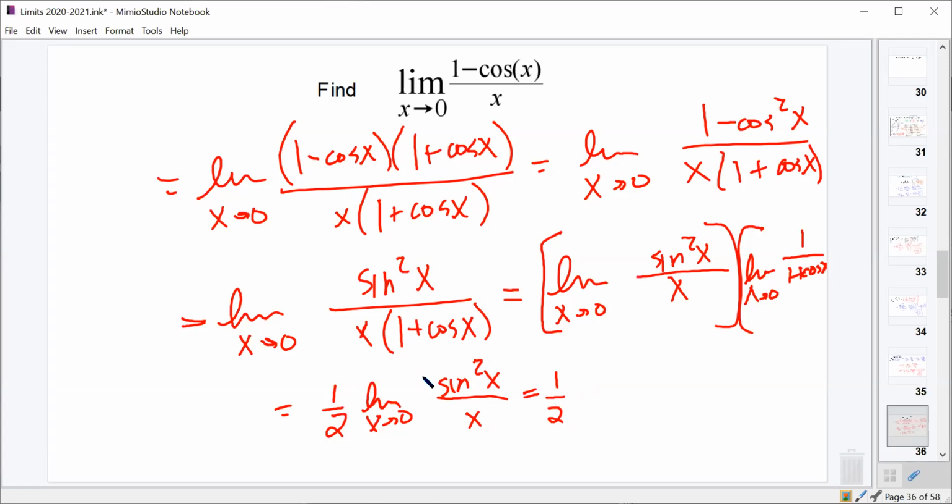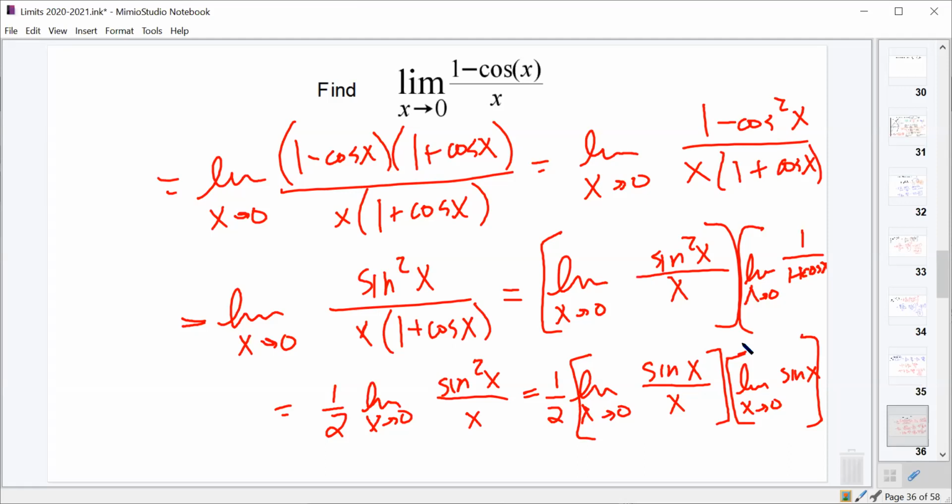Can I separate out the sine squared x maybe? What if I did this? Would that be okay? That works. That seems like that'd be all right. What's this first limit going to equal?